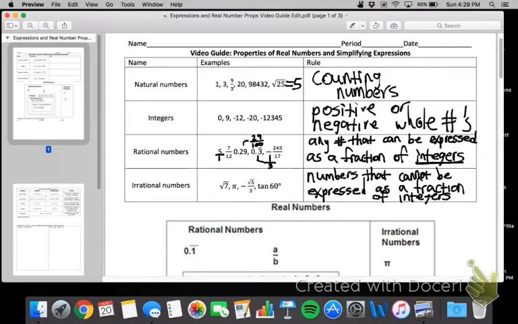So this guy who came along and actually proved that numbers like square root of 7 could not be written as a fraction exactly was considered a heretic and thrown off of a ship.